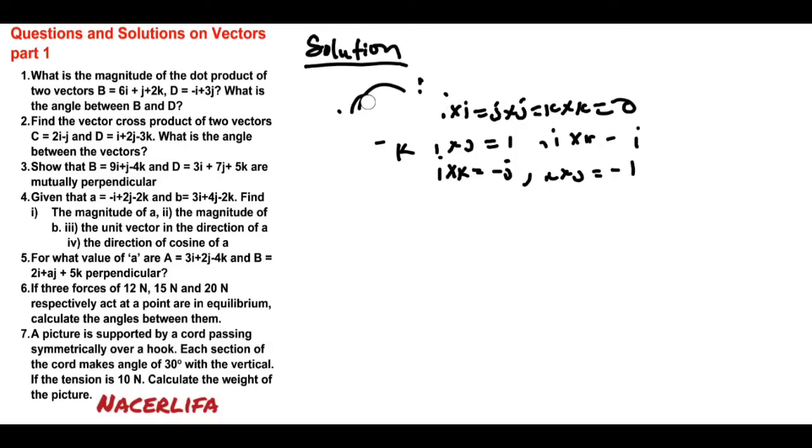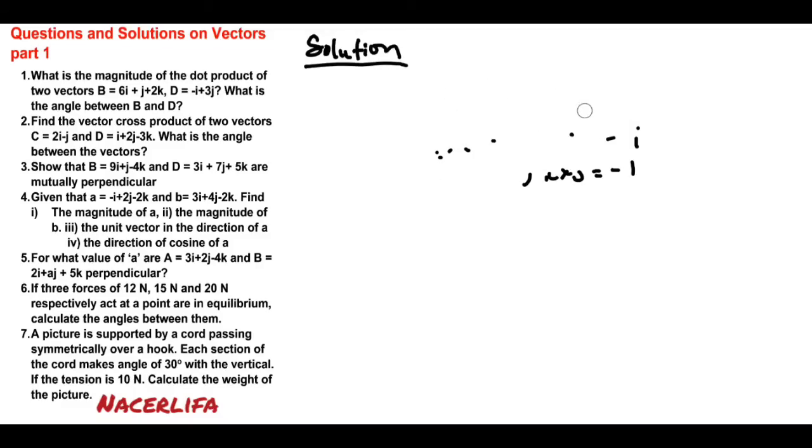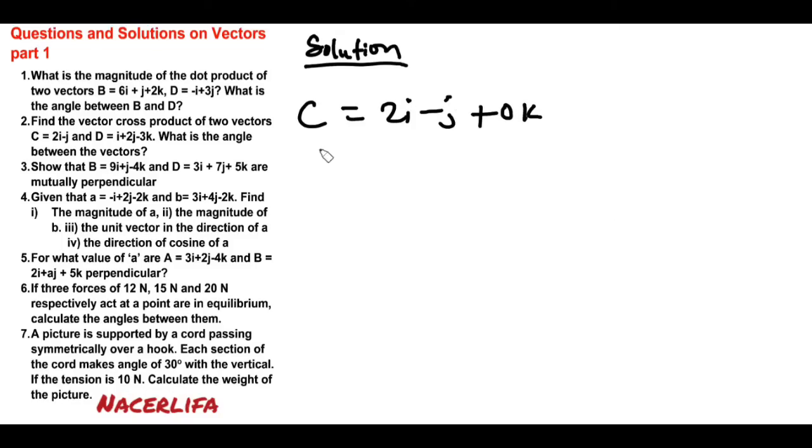So we are asked to find the vector cross product of C and D. So let's now write down the C. We have C equals 2I minus J. We don't have any component in K. D is I plus 2J minus 3K. So we can use the determinant method.